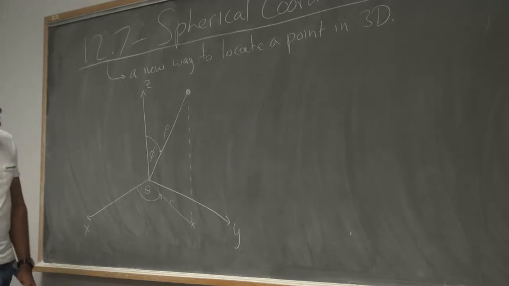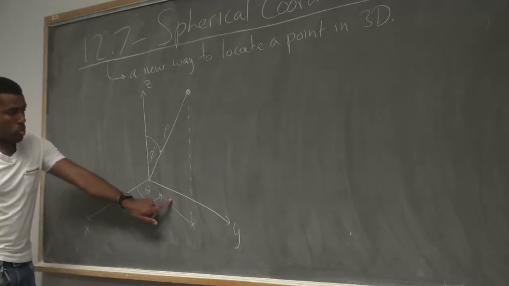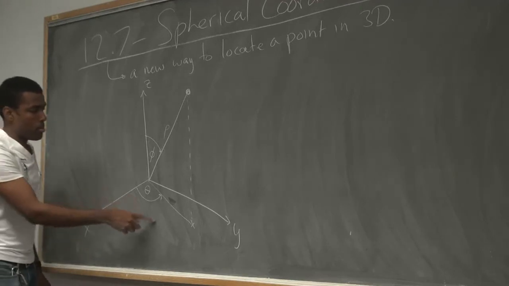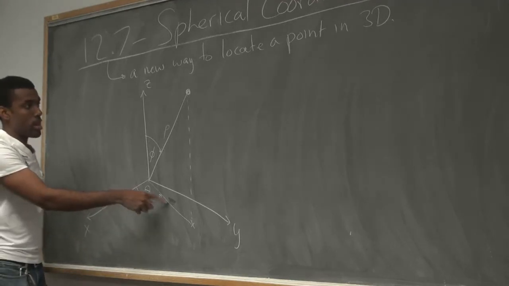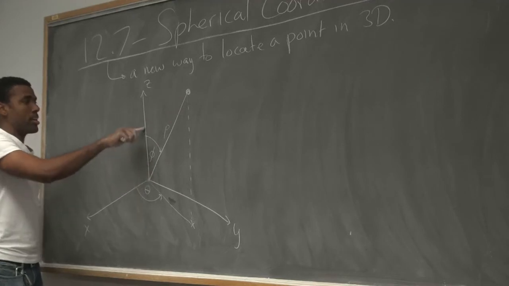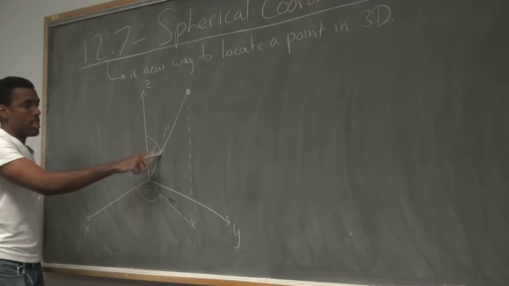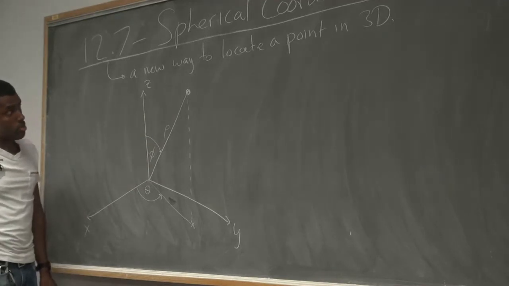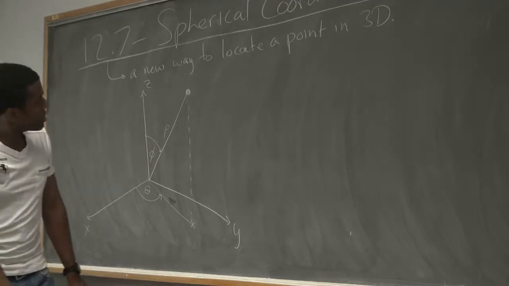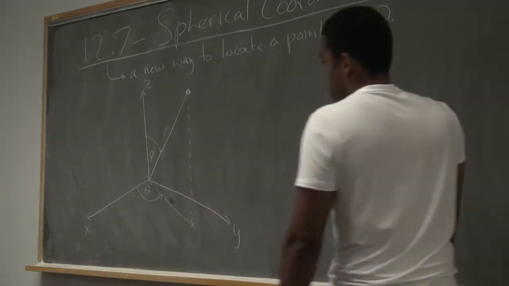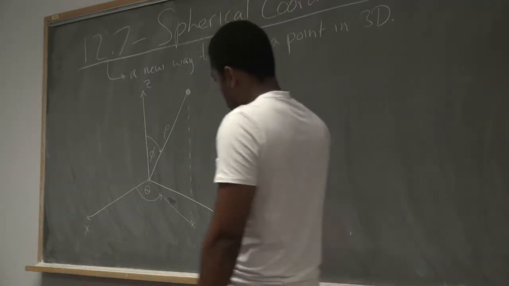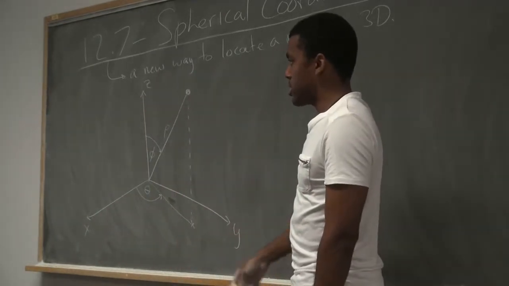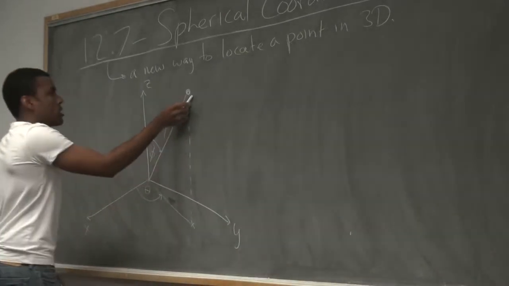Okay? So if you give me these 3 numbers, rho, theta, and phi, I'd be able to locate a point. Tell me what angle I move around in the xy plane to get right under the point. Tell me the angle I have to come down from the positive z-axis, then tell me the distance I have to shoot out. And that will allow me to hit the point. This is called spherical coordinates, because really it's sort of locating things based on how they would end up on a sphere.